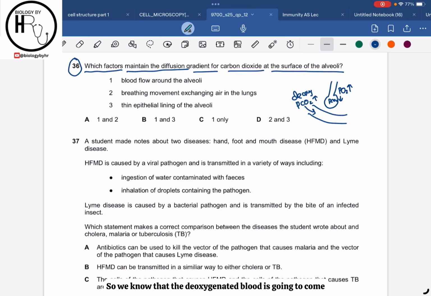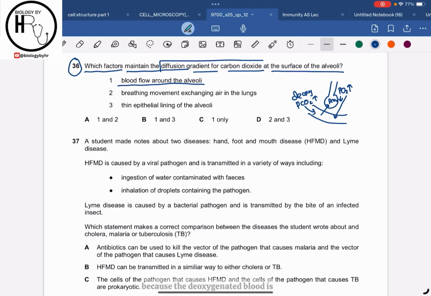We know that the deoxygenated blood is going to come and cross the alveoli, and then the carbon dioxide is going to diffuse into the alveoli and the oxygen will diffuse from the alveoli into the blood capillaries. So the diffusion gradient for carbon dioxide at the surface of the alveoli is obviously maintained by the blood flow around the alveoli, because the deoxygenated blood is moving, crossing the alveoli and becoming oxygenated.